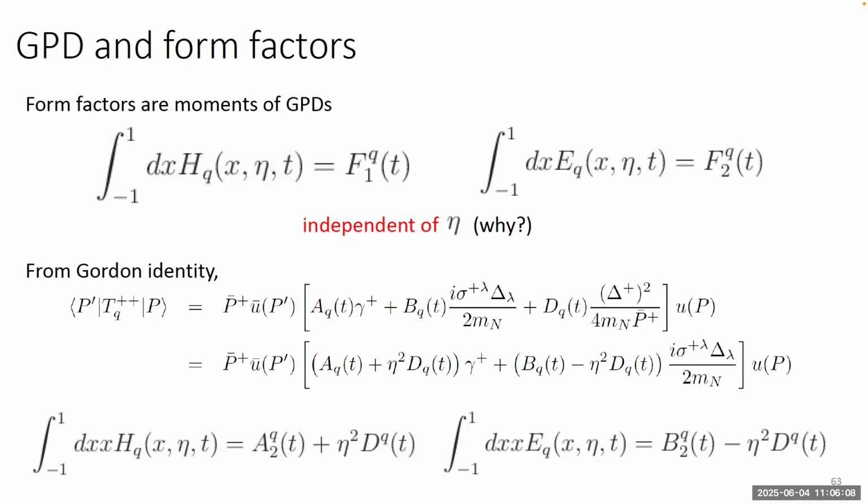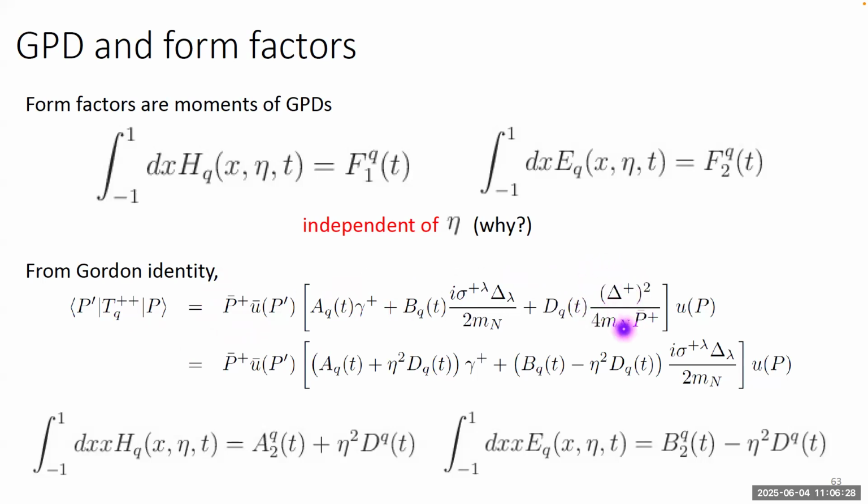But then that doesn't explain why you have a skewness dependence in the second moment of the GPD, which is the energy momentum tensor. Here in the energy momentum tensor, you have this term. And remember, the skewness is proportional to delta plus.